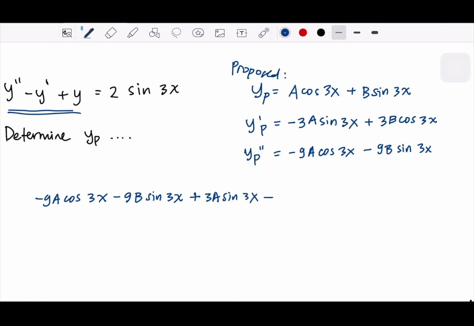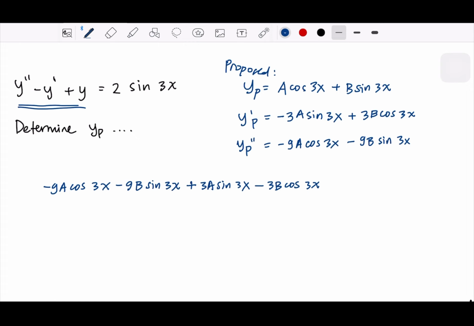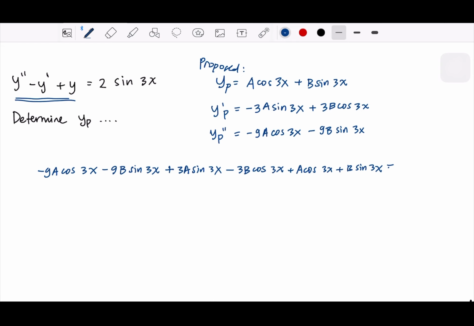Negative plus becomes negative 3b cosine 3x. And then plus this y, which is a cosine 3x plus b sine 3x. Okay, and this is equal to 2 sine 3x.